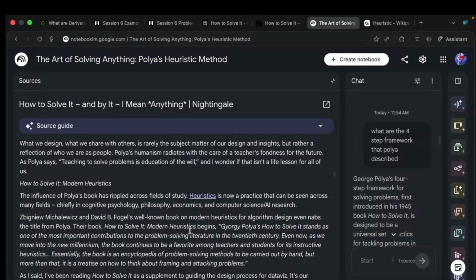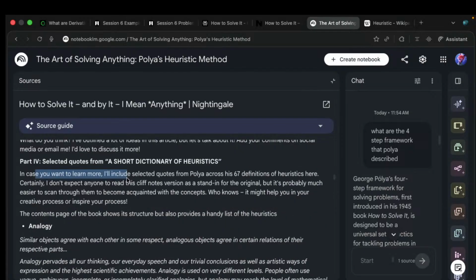In case you want to learn more, I will include selected quotes from Polya across his 67 definitions of heuristics here. Okay, I will just read the 67 definitions too. Let me copy this. Certainly, I don't expect anyone to read this Cliff Notes version as the standard for the original, but it's probably much easier to scan through them to become acquainted with the concept. Who knows?